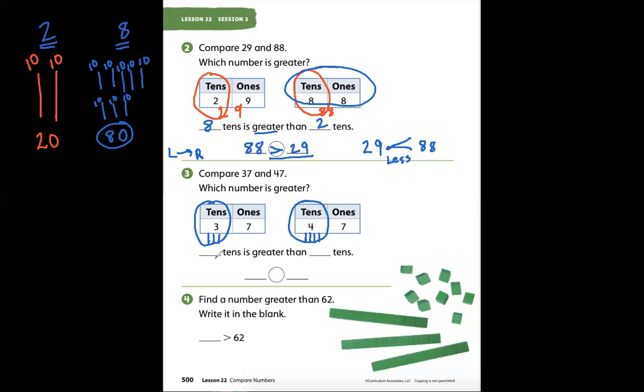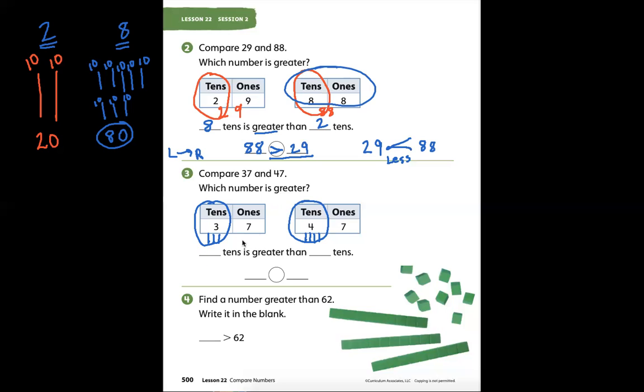Let's read the sentence. Blank tens is greater than blank tens. Ooh, so this is very important for you to pay attention to. Just because it shows 3 tens and 7 ones and 4 tens and 7 ones doesn't mean that I'm going to put 37 here.